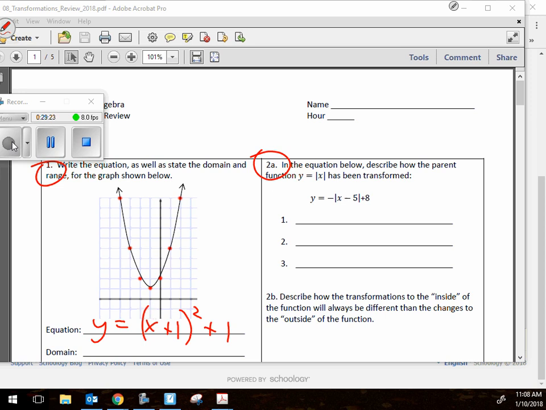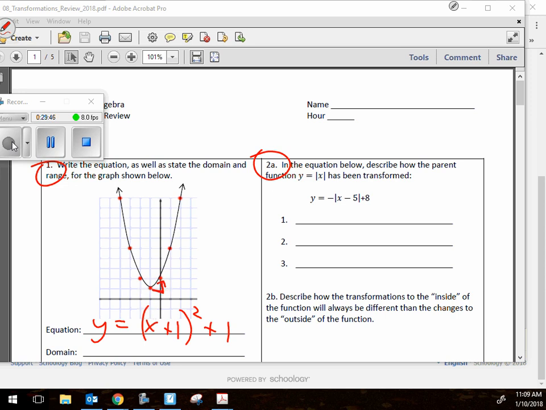Now, one more thing. The hardest kind here were stretches. Do you remember those? If it goes over 1 and up 1, almost every parent function should go right there, over 1 and up 1. They all go through the point 1, 1 on the original graph, and therefore, almost every, I want to say almost every because the circle, for instance, doesn't go through that, but almost every parent function goes through 1, 1.